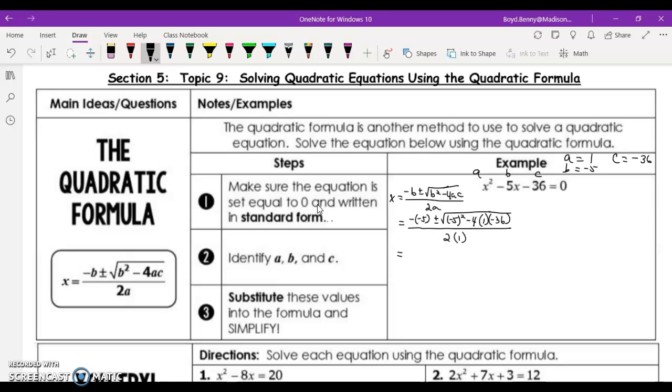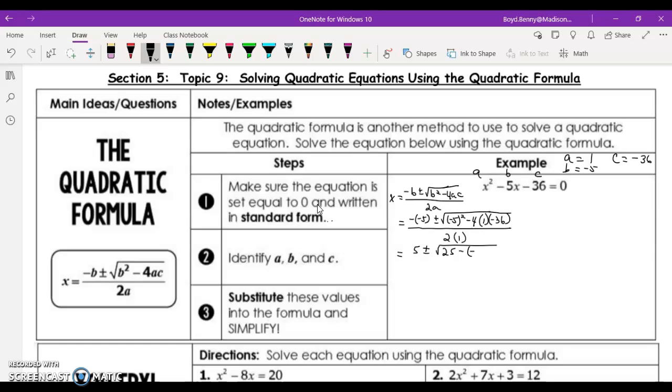Okay, let's go ahead and use our order of operations and simplify this. So I can do the -5 and go ahead and just make that a +5. Now the next step is to simplify all this underneath the radical. So -5 squared would give me 25 minus 4 times 1 is 4 times -36.